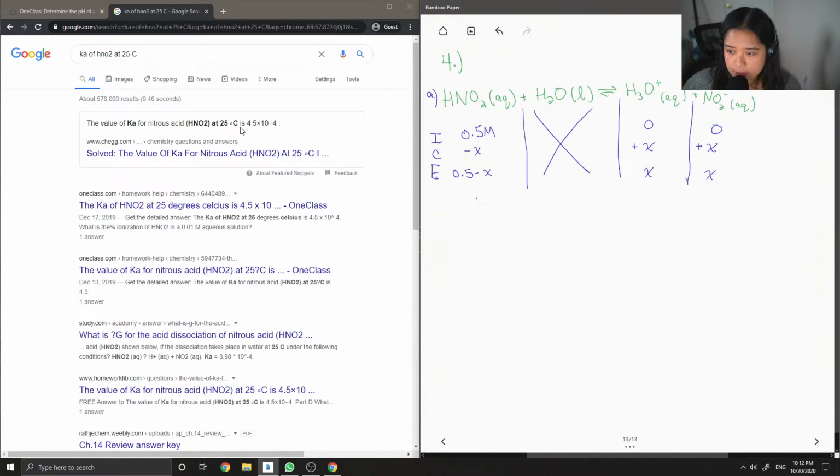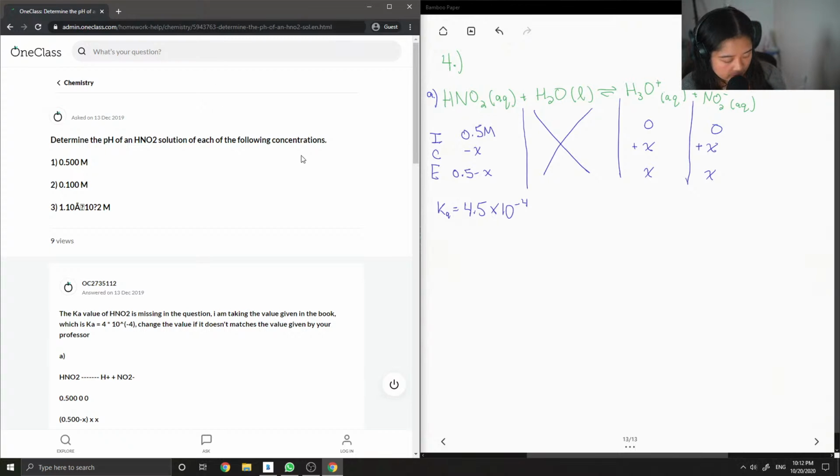Okay, so we get Ka is equal to 4.5 times 10 to the negative 4. These values are usually given in your textbook. And now I'm going to write out the expression for Ka.